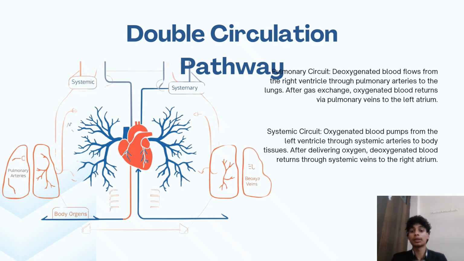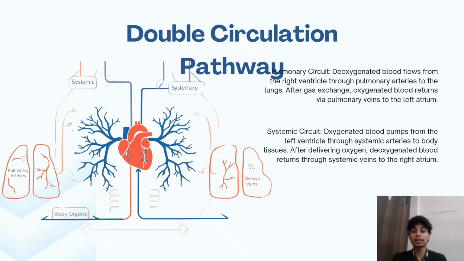And this oxygenated blood is returned by the pulmonary vein to the left atrium. It means it is going back to the heart. So it is a double circulation now. And the pulmonary vein is the only vein which carries oxygenated blood.